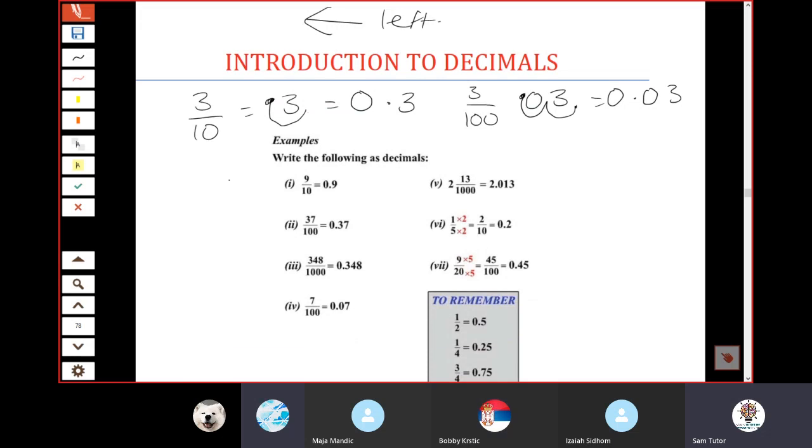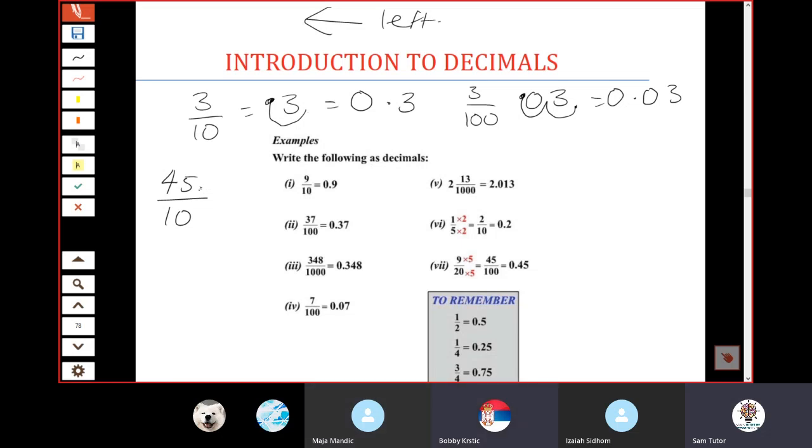Okay. So let's try the whole number. 45 divided by 10. Where are you going to start, Maya? At 45, at the end, right? Yeah. And how many places do you have to move it to the left?